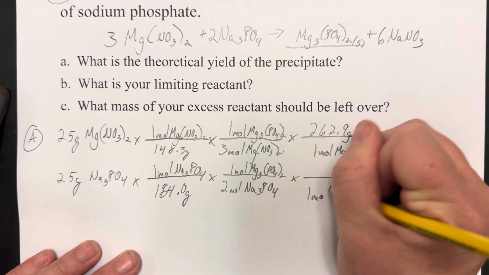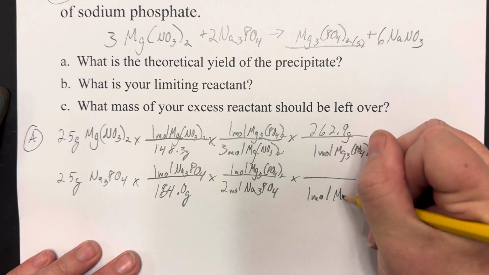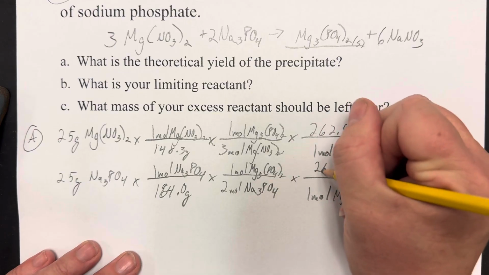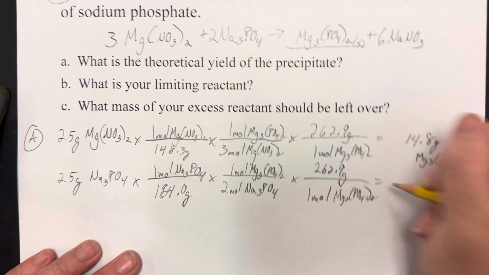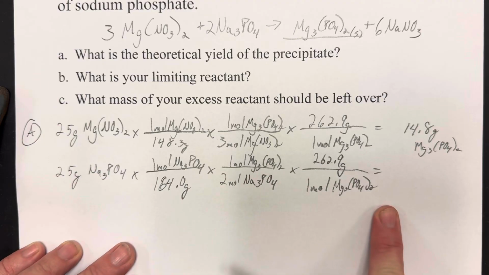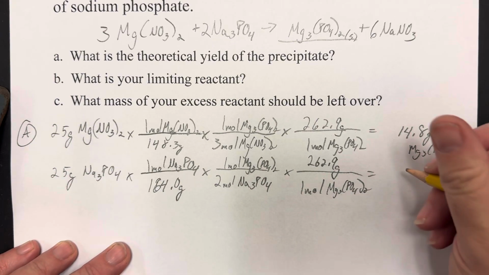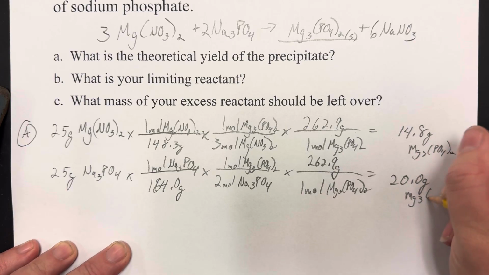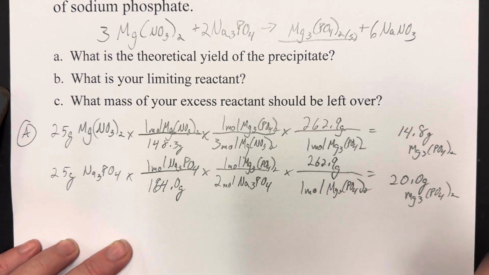And for every 1 mole, just like we have above, of magnesium phosphate is 262.9 grams, again, from that periodic table. When I multiply everything on the top, divide it by the product of the bottom, I get about 20.0 grams of Mg3(PO4)2.